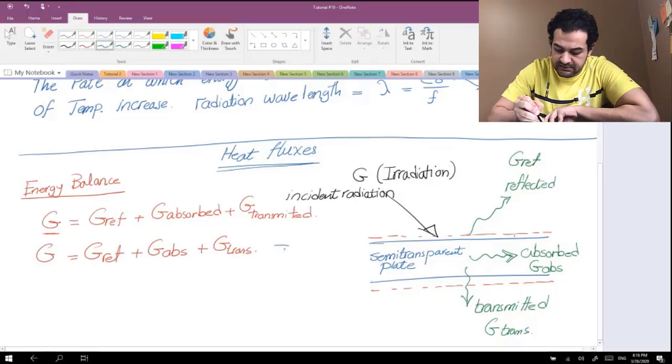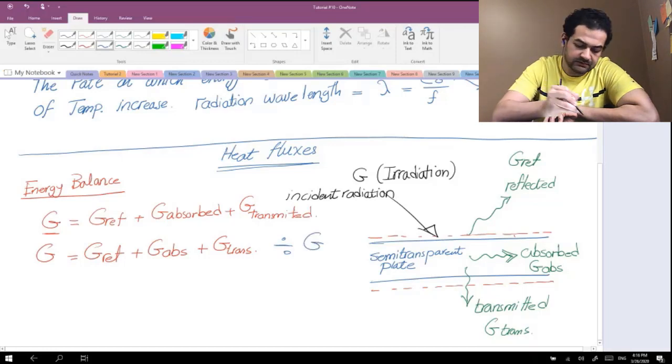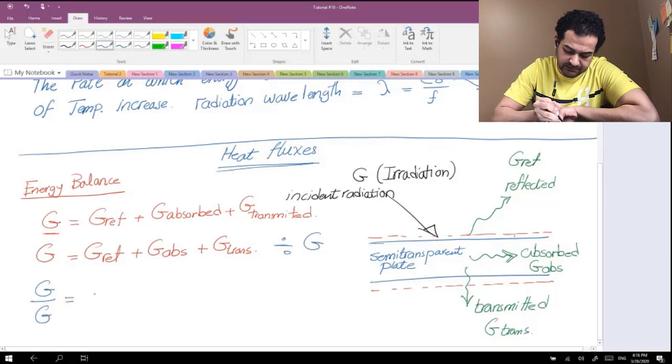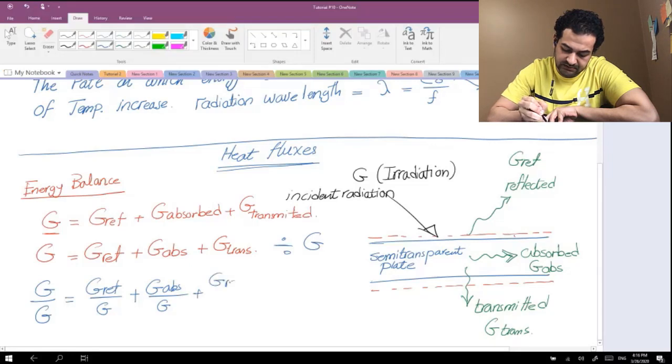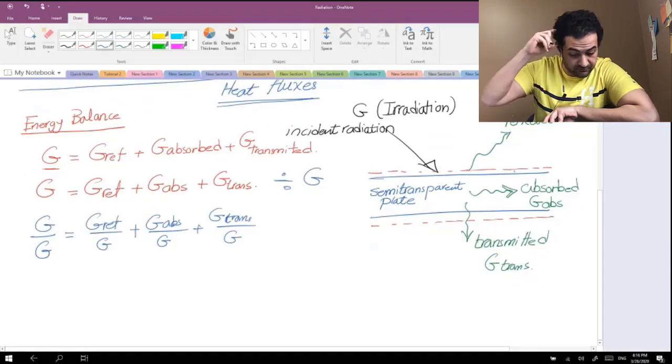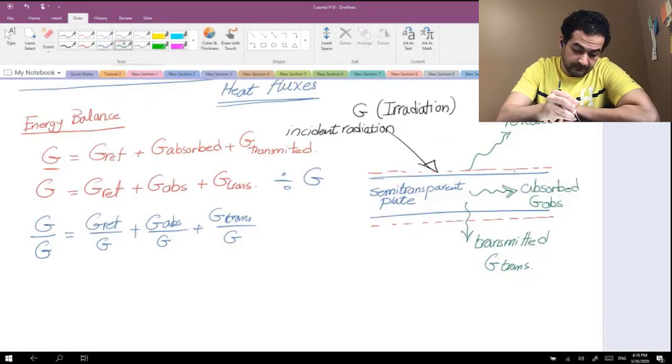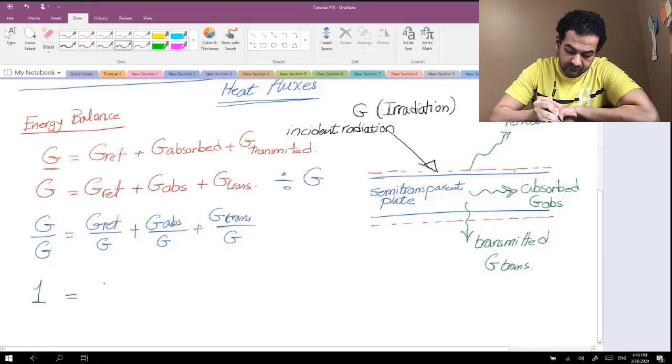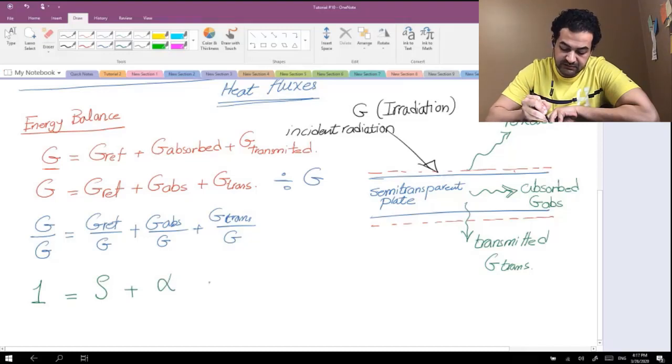If we divide this equation by total G, this is going to be G over G, which is going to be 1, equal to G reflected over G incident plus G absorbed over the total G plus G transmitted over the total G. So this is going to give you 1 is equal to rho, reflectance, plus alpha, absorptance, plus tau, transmittance.